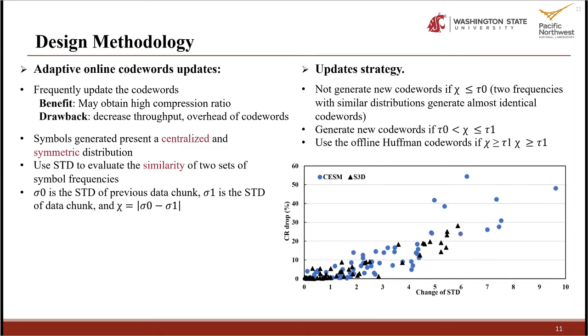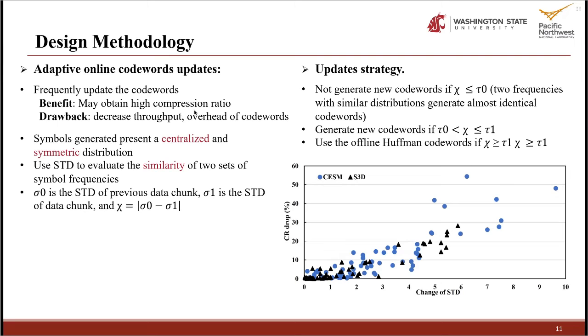Then I will talk about the policy of updating codewords. When we frequently update the codewords, its benefit is that we may get a high compression ratio since updated codewords are close to the optimal codewords, but it may decrease the throughput.